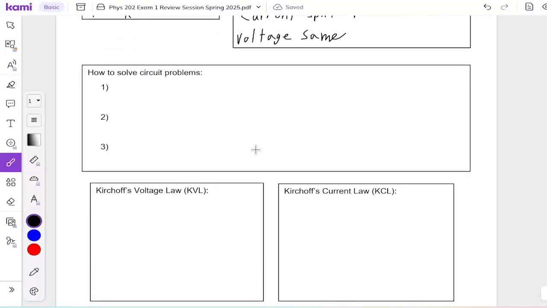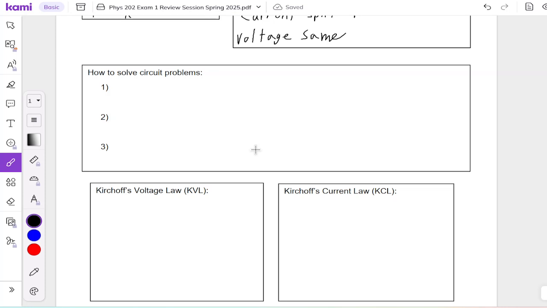Okay, and then here's my $1 million advice on how to solve circuit problems. Well, first of all, take this advice with a grain of salt. I'm gonna write this down anyway.